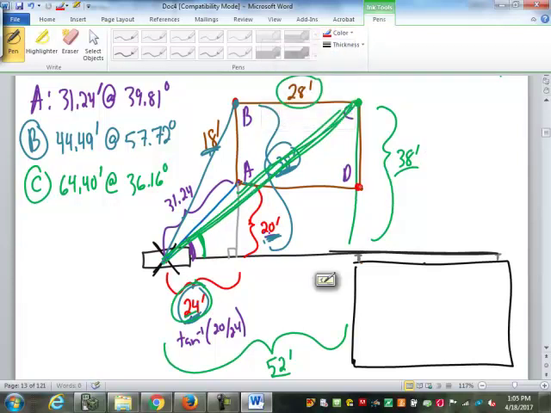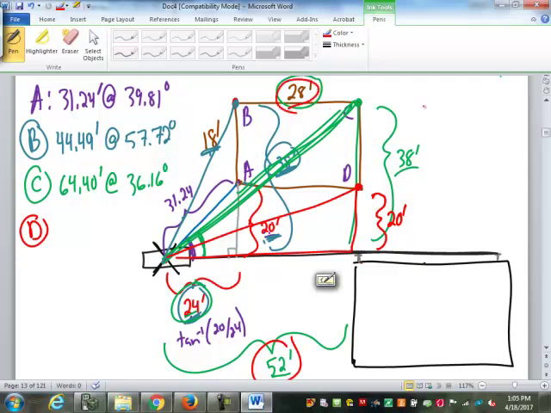And then this corner is finally corner D, do the same thing. This is still 52 feet. This, however, is now what? Back to 20 feet, right? That's a 28. This here is 28. Yeah, okay, that was 28.